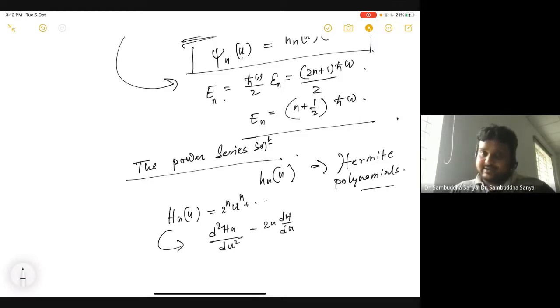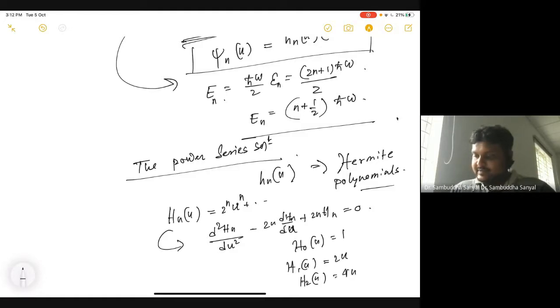This is exactly your equation. H_0(u) is 1, H_1(u) is 2u, H_2(u) is 4u squared minus 2, H_3(u) is 8u cubed minus 12u, and so on.